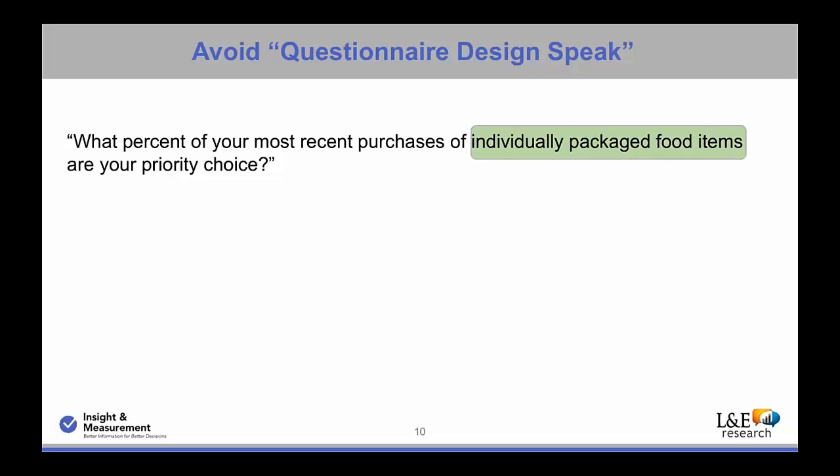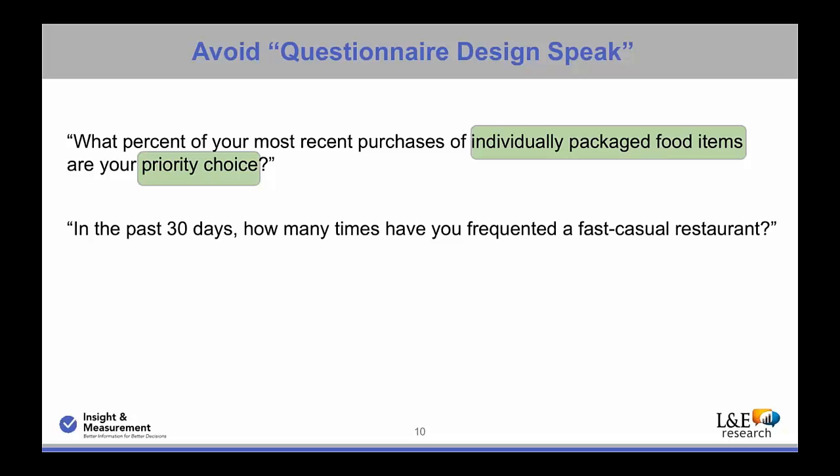And what's a respondent going to think about? If you were pre-testing this, you'd say, hey, what does that term mean to you? And what is priority choice? Does that mean what you like the most? Does that mean what you buy the most? Is that what you like or buy the most for yourself or for your family? It's important to talk and to not get into questionnaire design speak.